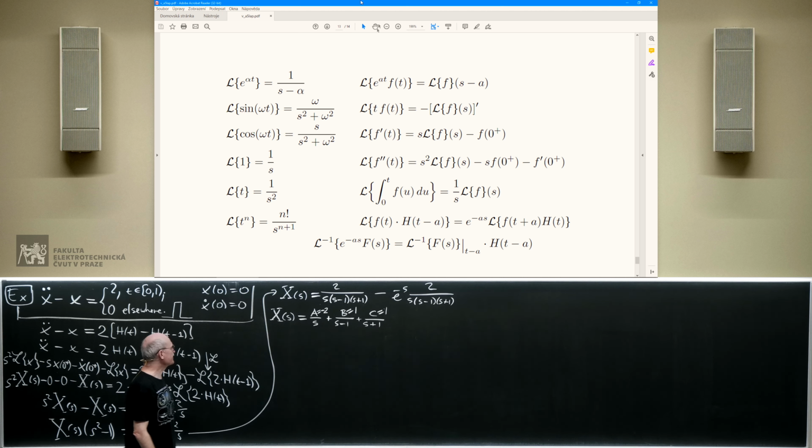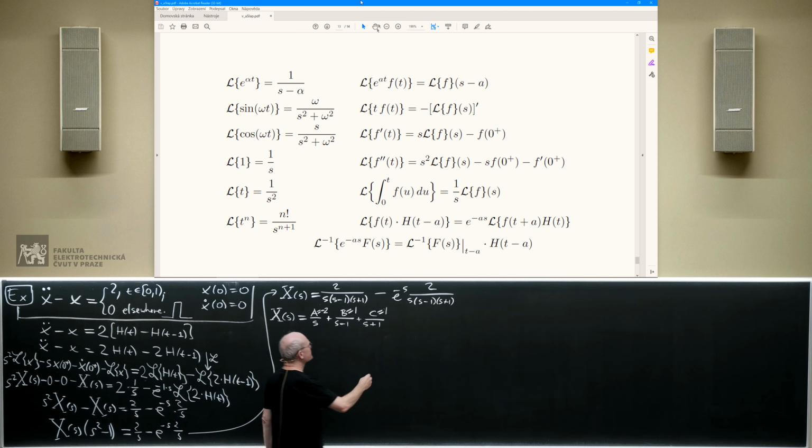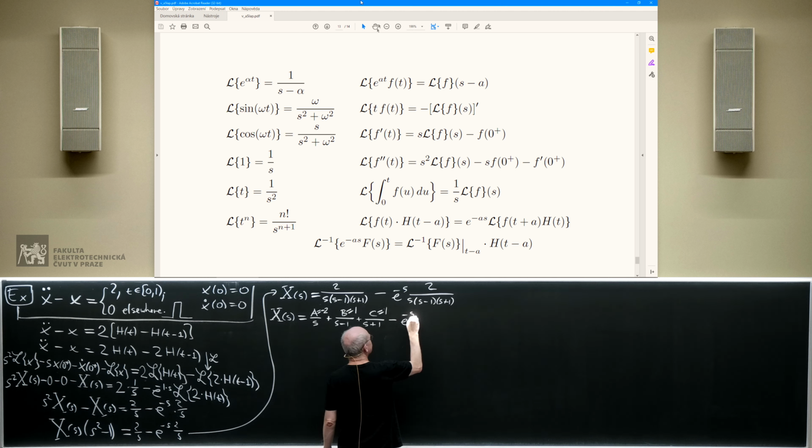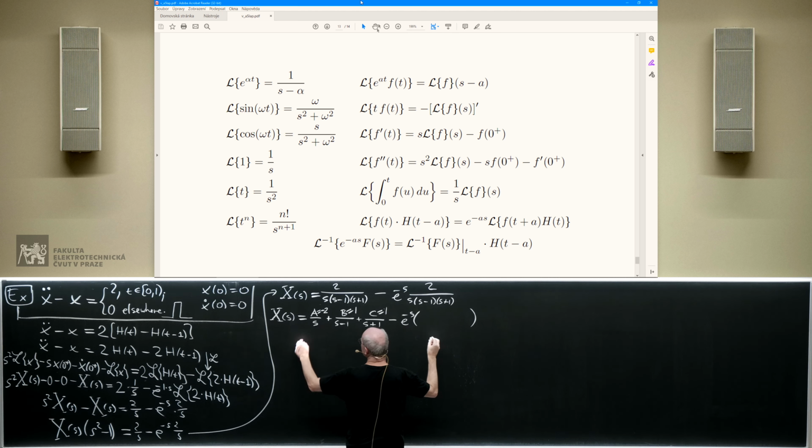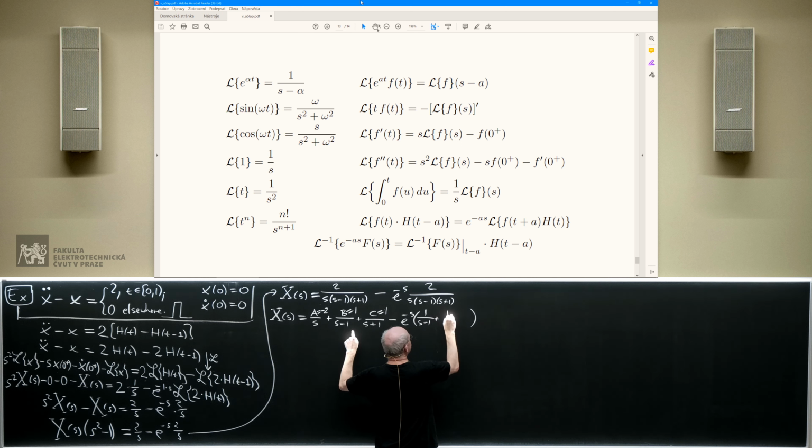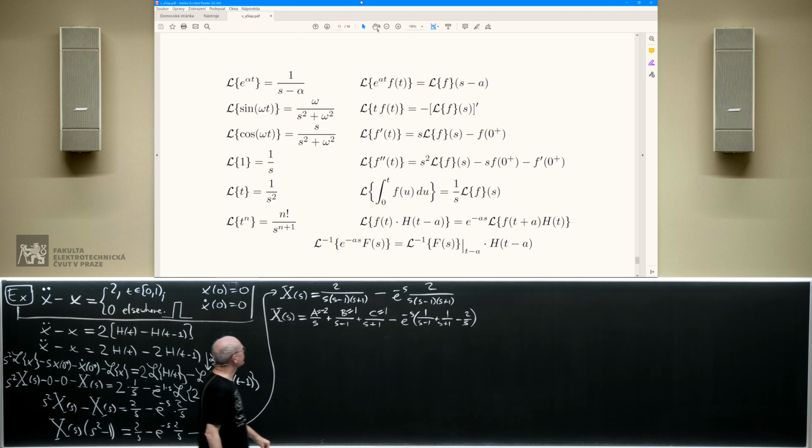Wow, that's neat. Okay. I'm subtracting e to negative s and the same decomposition. Do I want to change the order? Perhaps yes. I don't like starting things with minus. So it will be 1 over s minus 1 plus 1 over s plus 1 minus 2 over s. Here we are. That's the partial fractions decomposition.